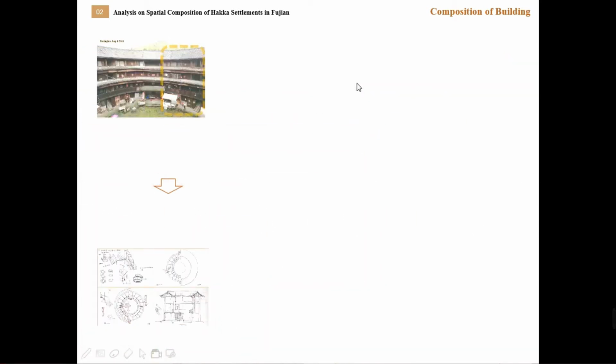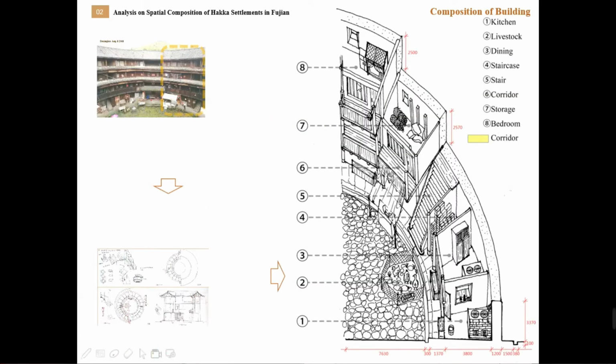These are my drafts, and this is the detailed composition of that Tulou in an axonometric sketch. As we can see, the corridor is very obvious, ensuring flexibility in the Tulou. And the first, second and third floors have different functions, as you might know, and also the poultry.